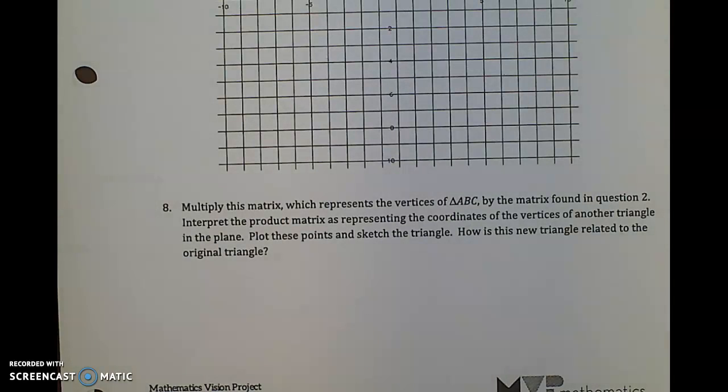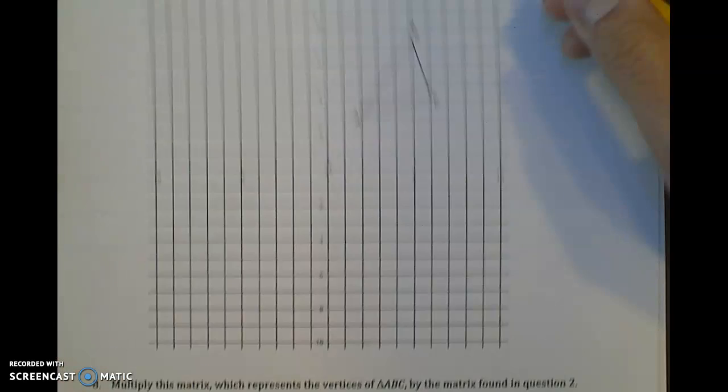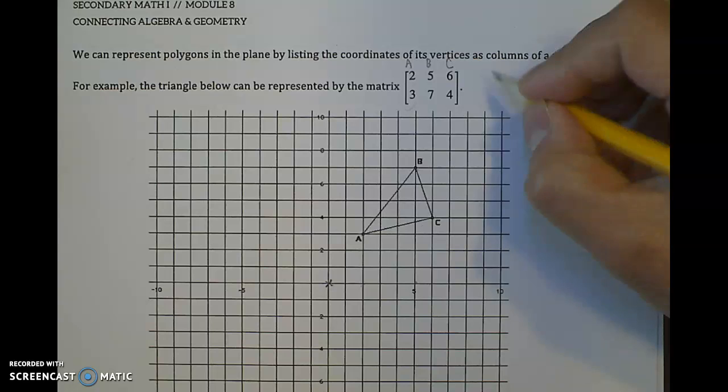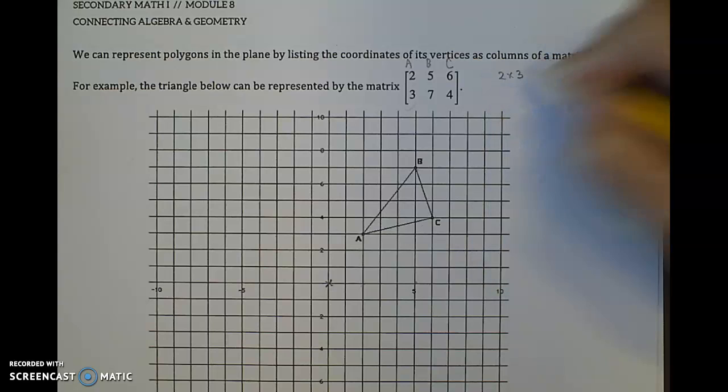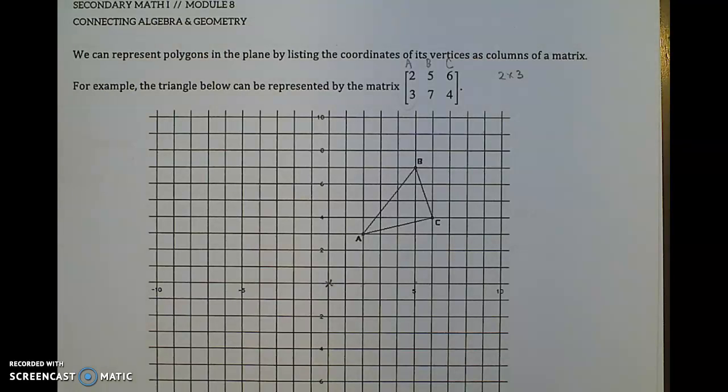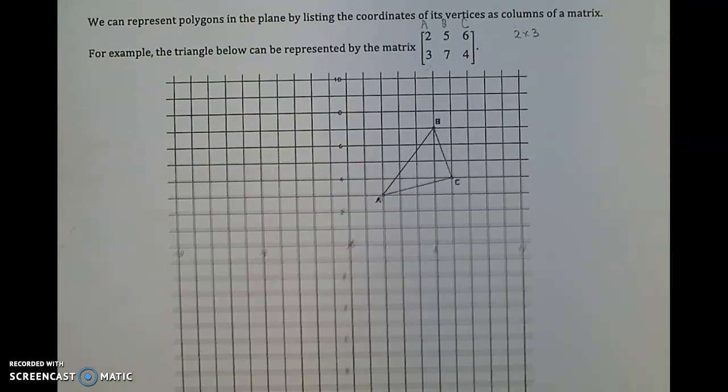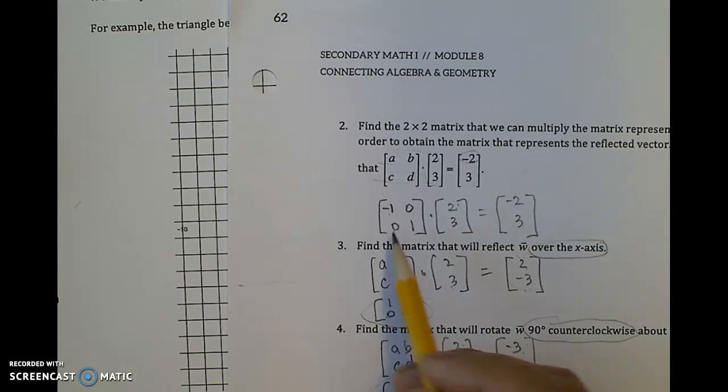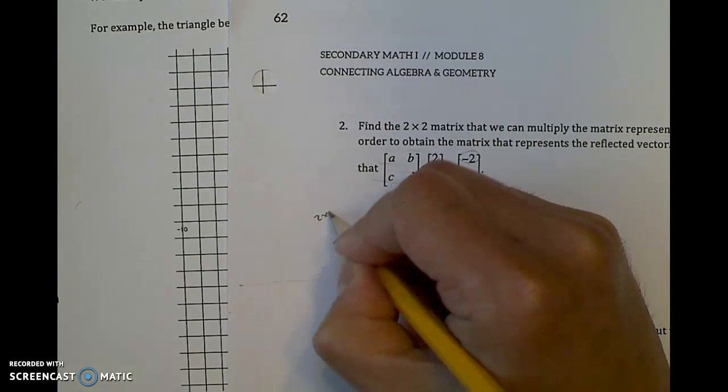Now we've got to remember that when it comes to multiplying matrices, the order does matter. This triangle matrix has horizontal and vertical components, 2 rows by 3 columns. And we want to multiply it by this matrix, which is a 2 by 2.